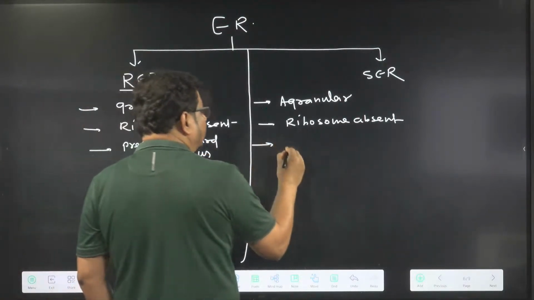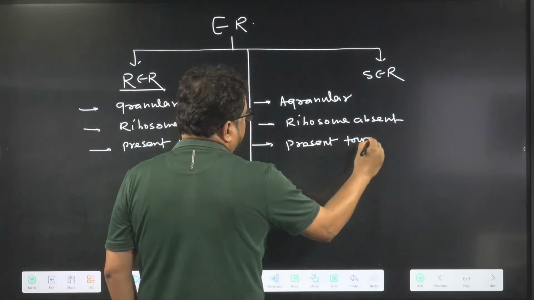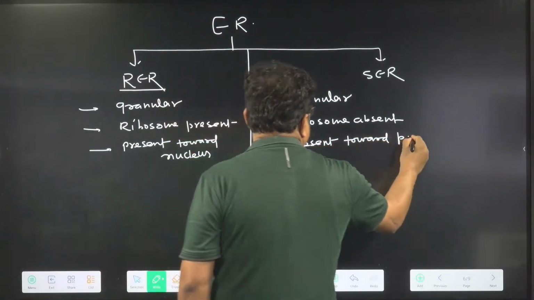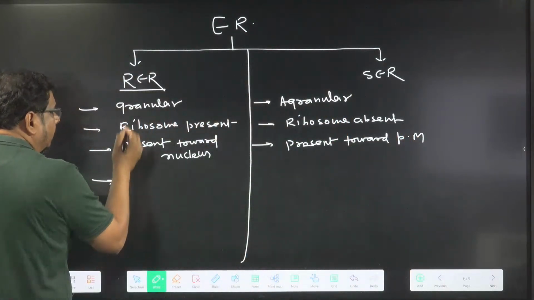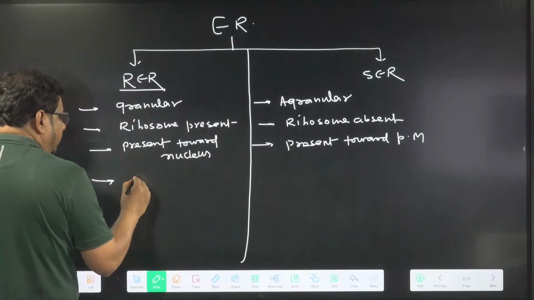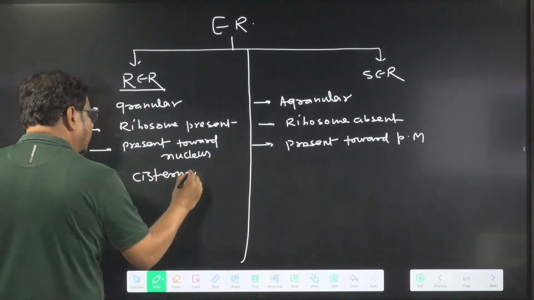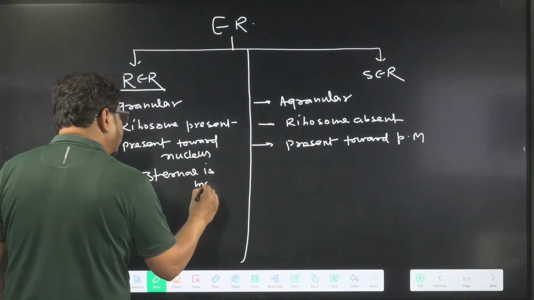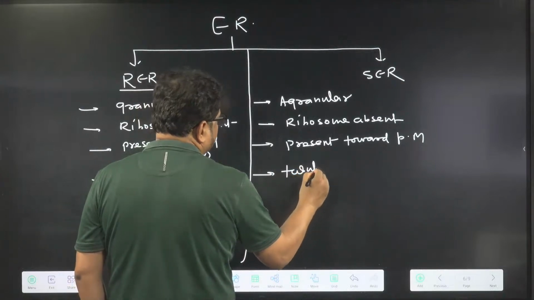It is present toward the plasma membrane. Short, I am writing. Now, cisternae is more. Is more in which one? RER. In SER, tubule is more.